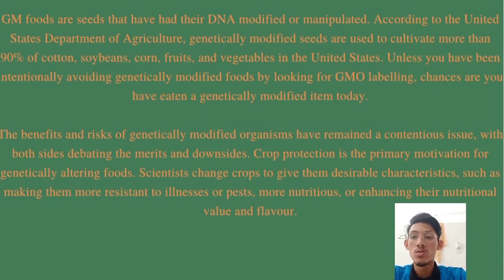Today, I want to share with all of you the conclusion of the GMO. So, GM foods are seeds that have had their DNA modified or manipulated. According to the United States Department of Agriculture, genetically modified seeds are used to cultivate more than 19% of cotton, soybean, corn, fruit, and vegetables in the United States.